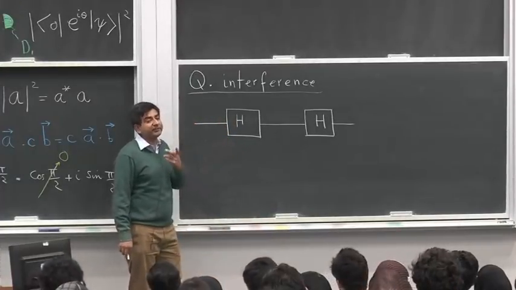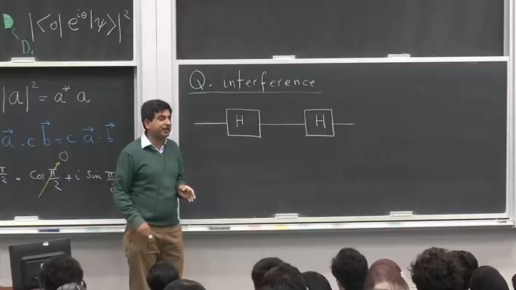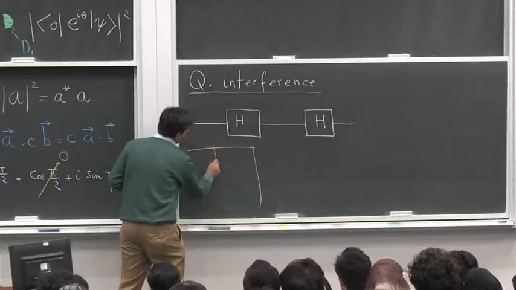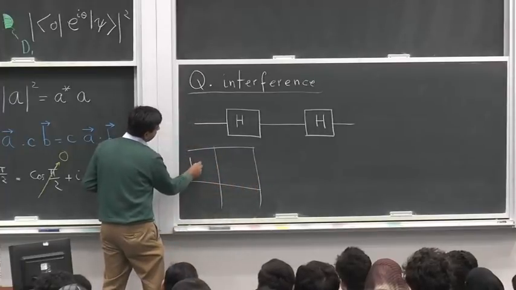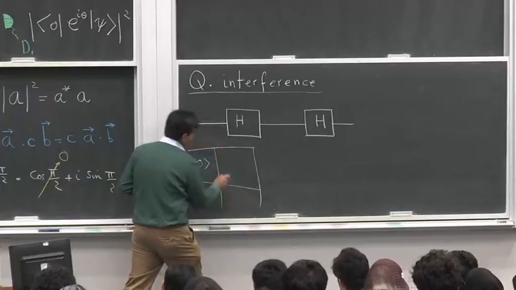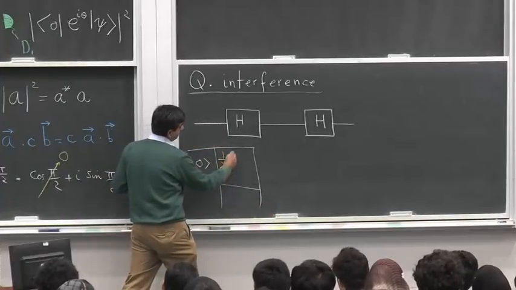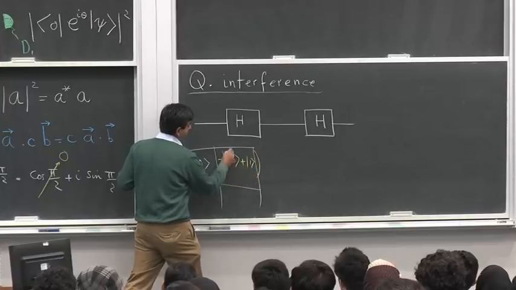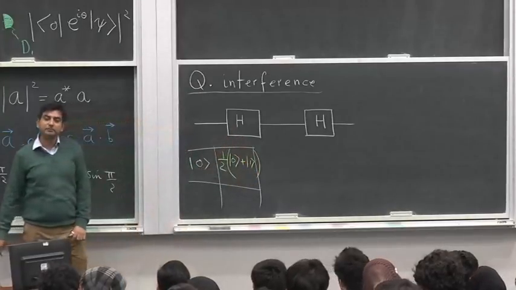We've already defined the truth table in our previous lectures, that the Hadamard gate has the following property. If the input is ket 0, it produces an output which is a superposition. Alright?